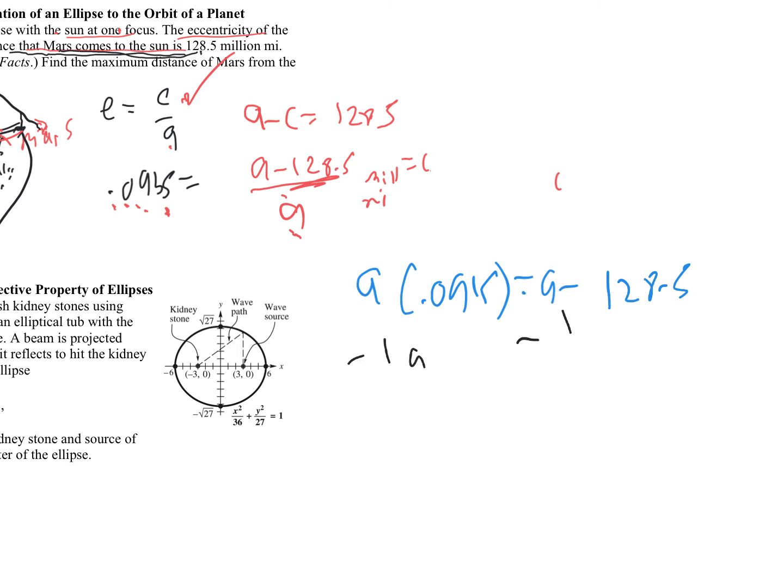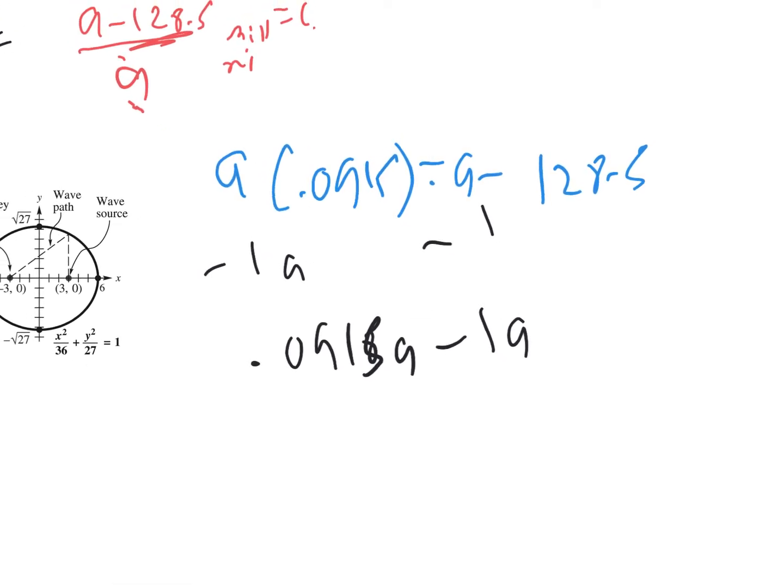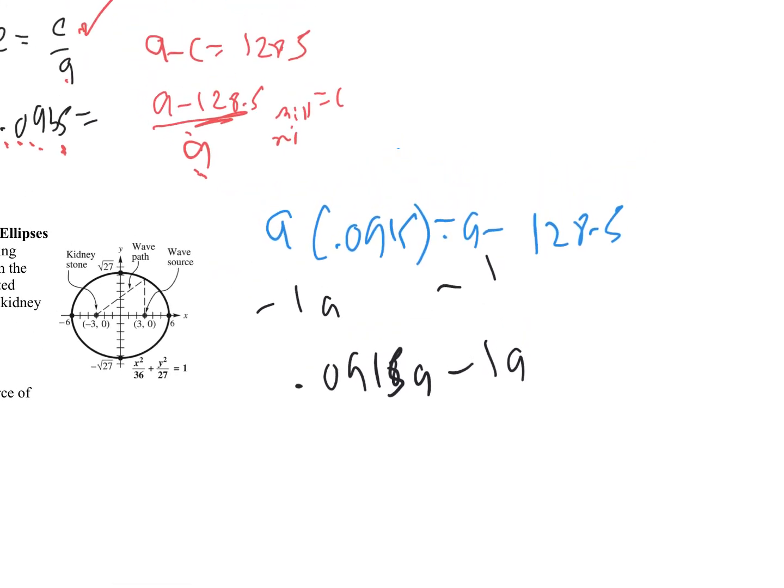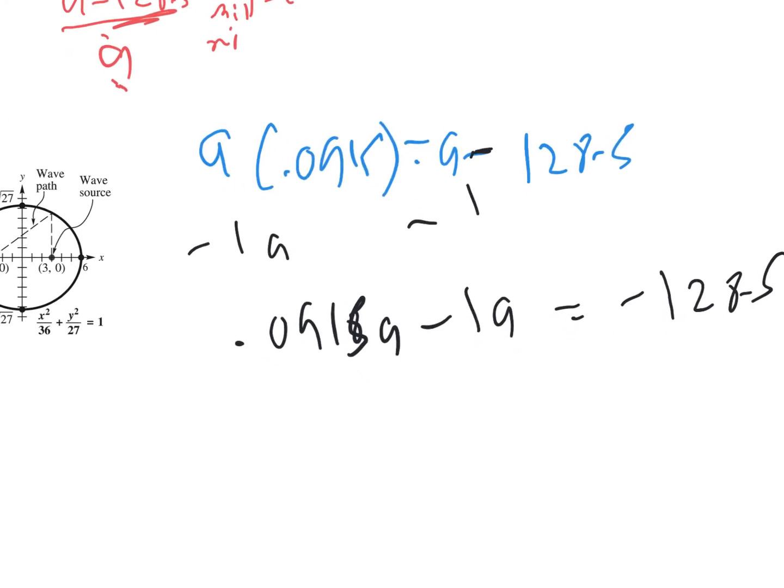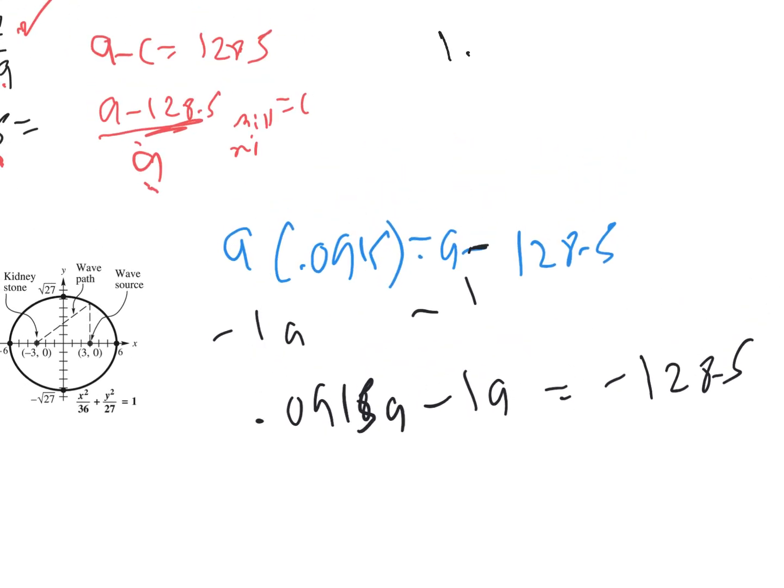So this is going to be 0.0915A minus 1A, which is minus 1A, equals negative 128.5 million miles. All right, that's going to be hard to do the math, and I don't want to do it.